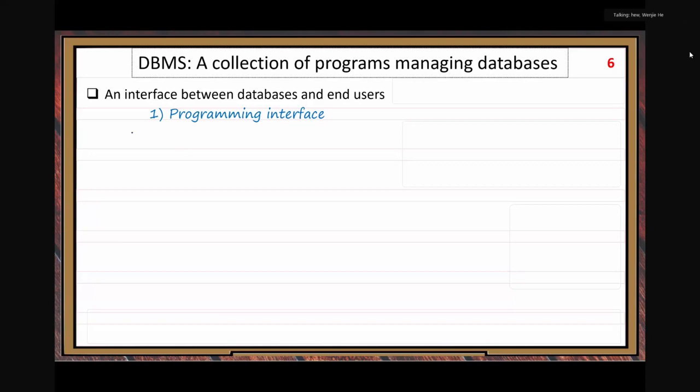You need a programming interface to allow you to send SQL commands to the DBMS. But different programming languages have different programming interfaces. Java has Java's programming interface, PHP has PHP's programming interface, and so on.